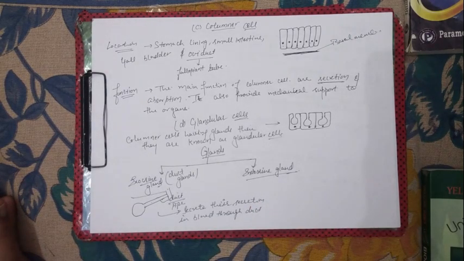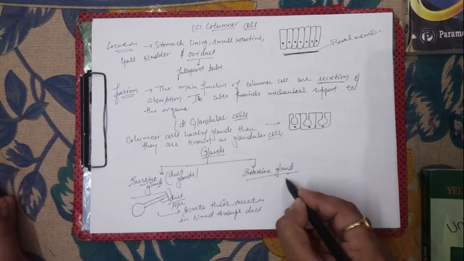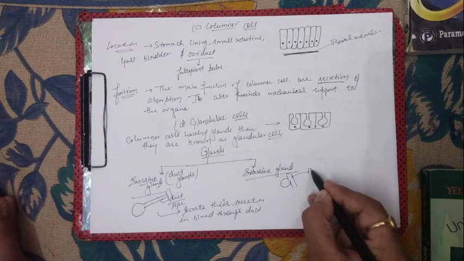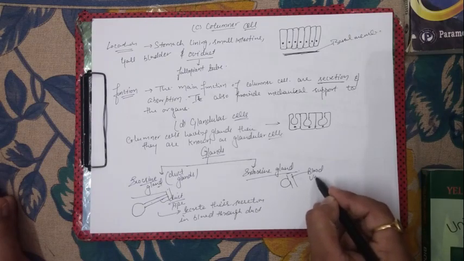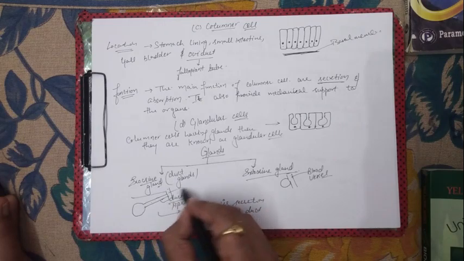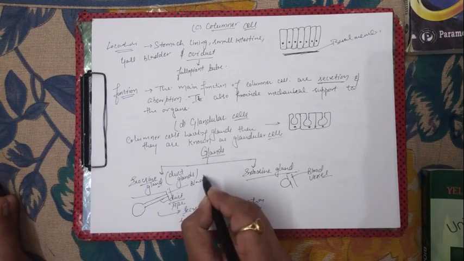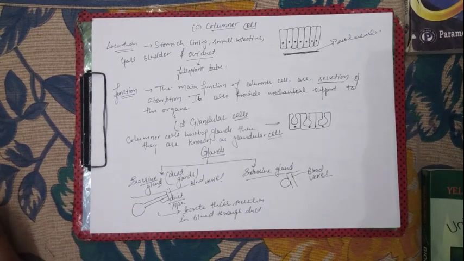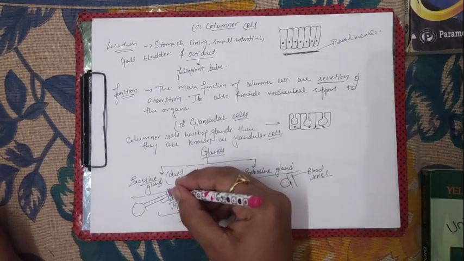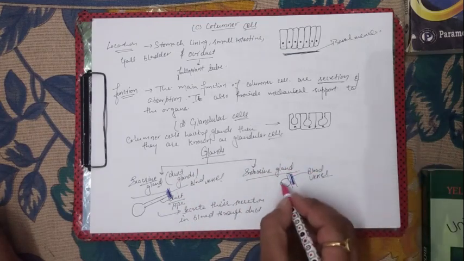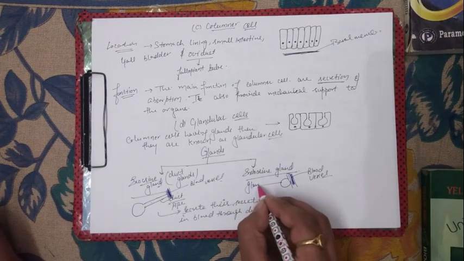Now endocrine glands directly secrete their secretion in the blood vessels. This is a blood vessel, this is also a blood vessel, and this is a gland.